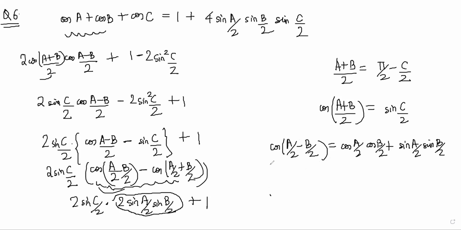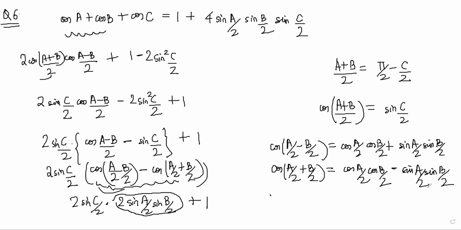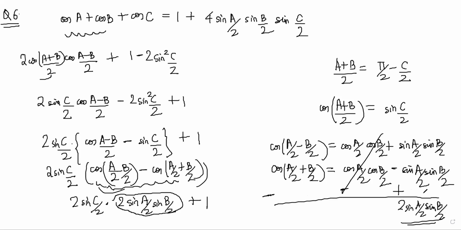And cos of A by 2 plus B by 2 is cos A by 2 cos B by 2 minus sin A by 2 sin B by 2. So when you subtract these two, the cos A by 2 cos B by 2 gets cancelled. Only the sin terms become added.